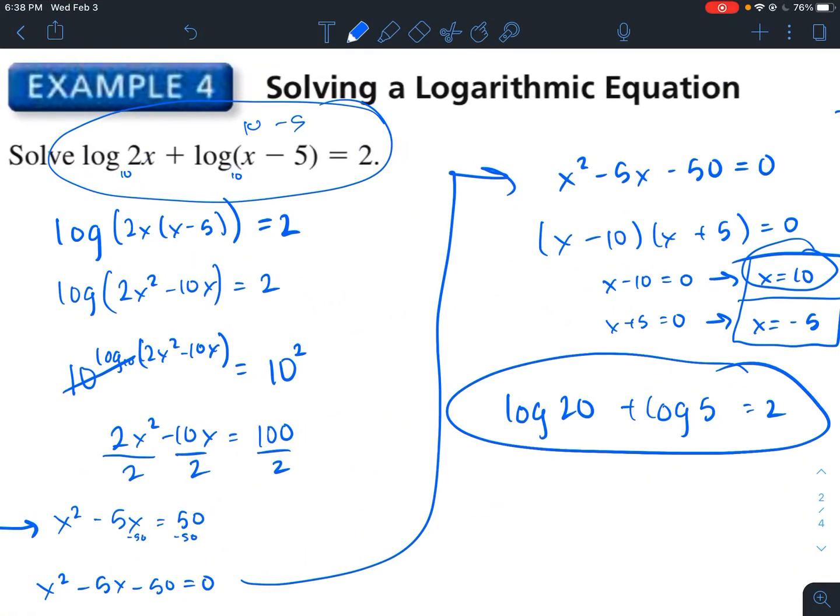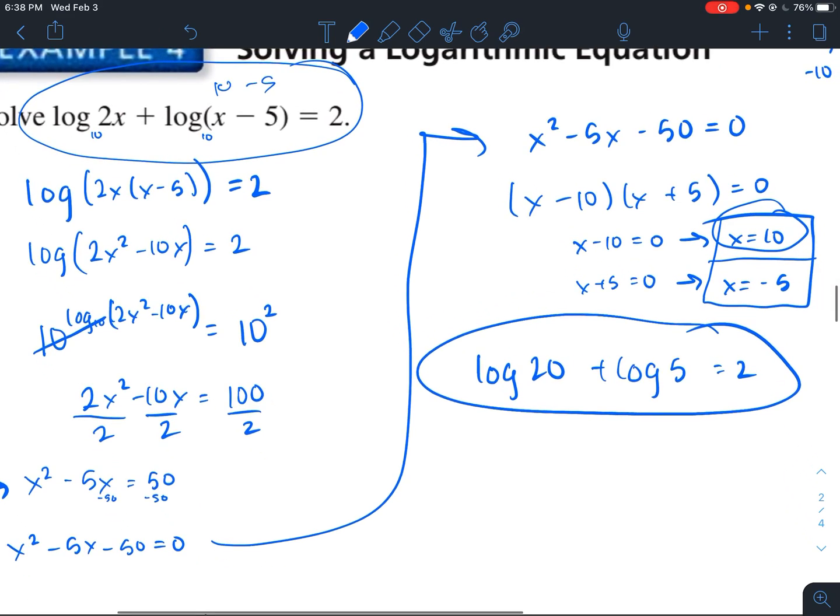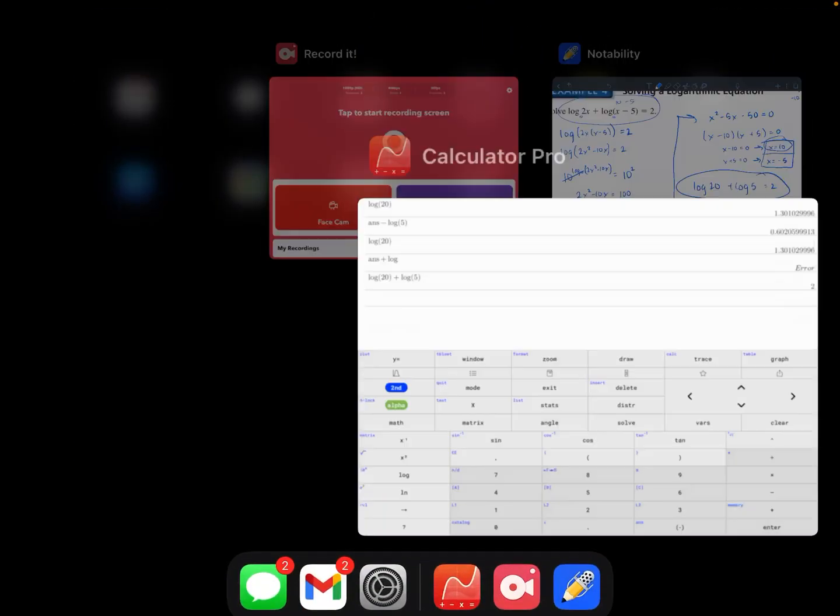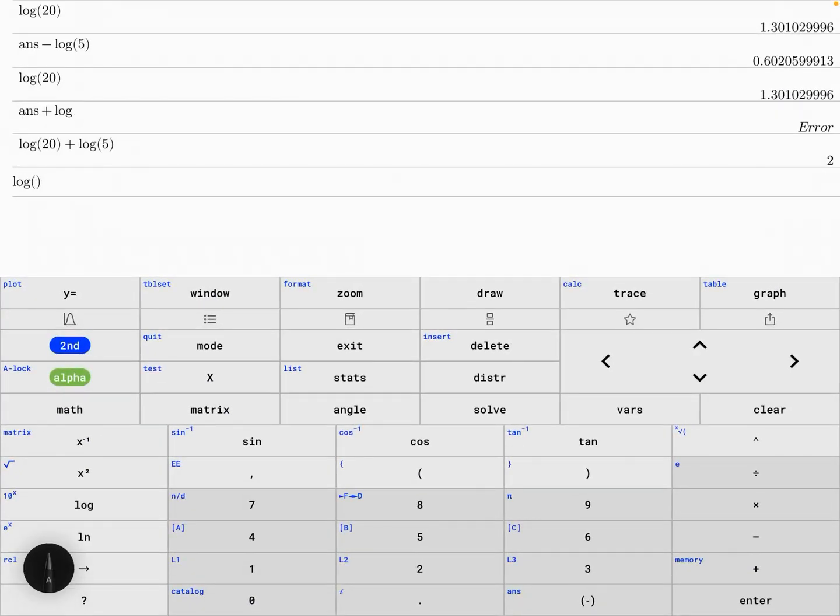Let's try putting in negative 5 though. So if I do log of negative 5, so that means I get log of negative 10 plus log of, or negative 5 minus 5, so that would be negative 10 still, because negative 5 minus 5 is negative 10. So let's try doing log of negative 10.